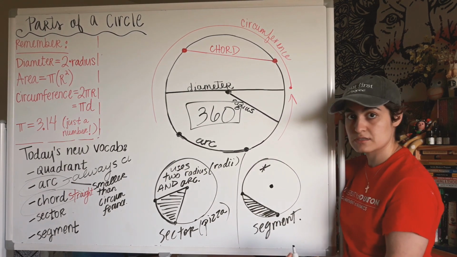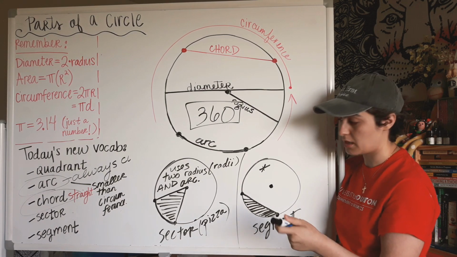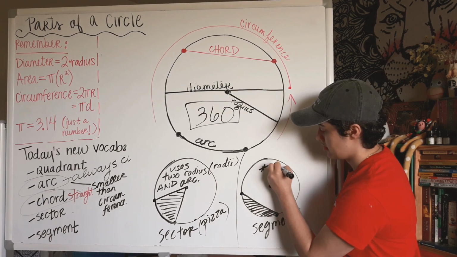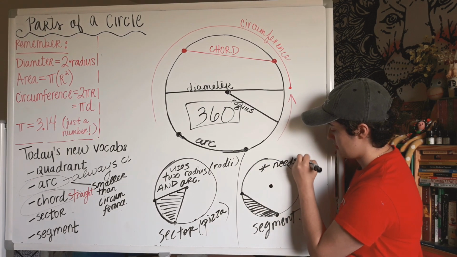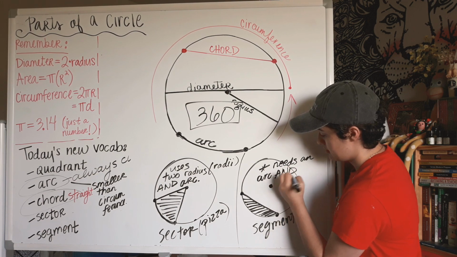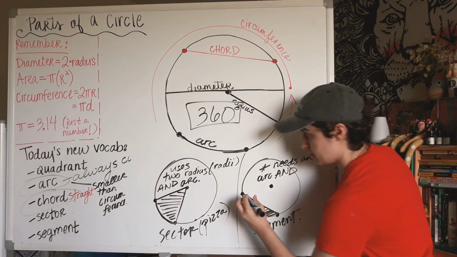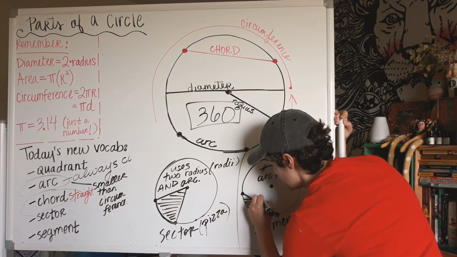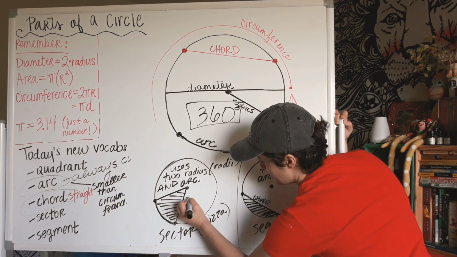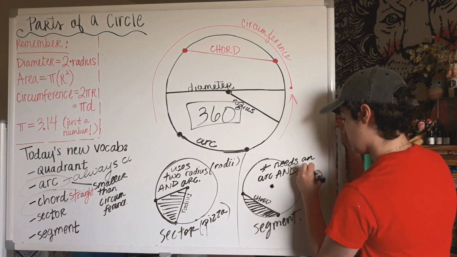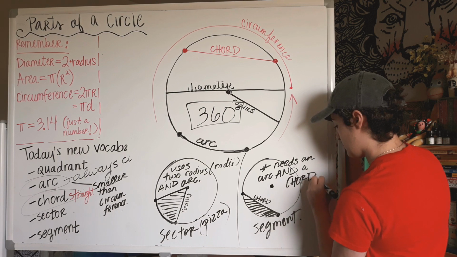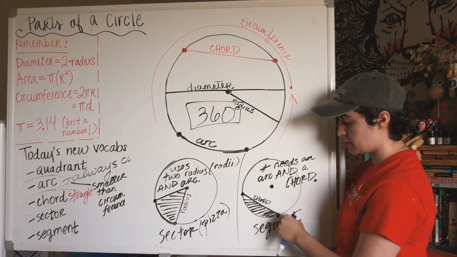All it needs is an arc and a chord. This is your chord right here. This is your radius.